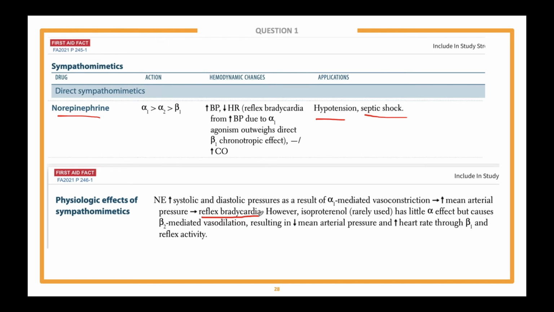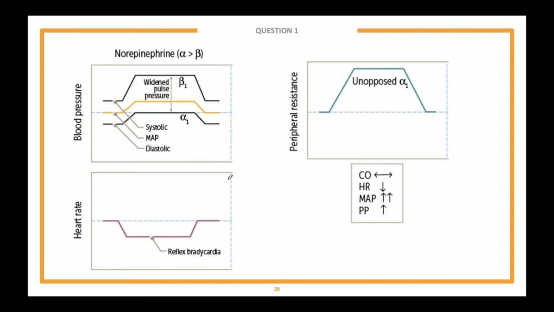Now on the next slide, there's another nice diagram in First Aid that walks you through a lot of the various parameters that would be altered with norepinephrine. And we know it affects alpha receptors more than beta. So we know that the blood pressure, as we talked about, is going to increase. Specifically, the mean arterial pressure is going to increase as well.